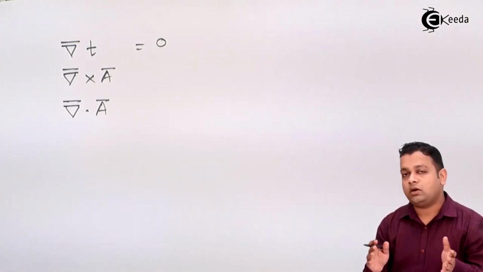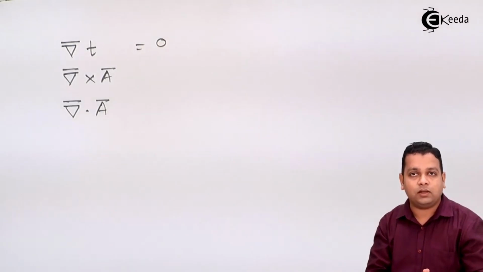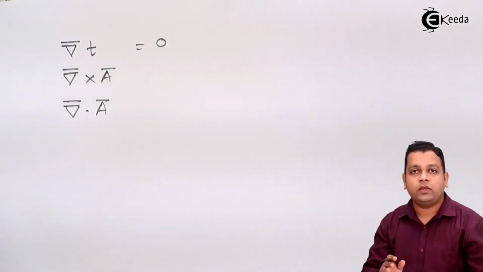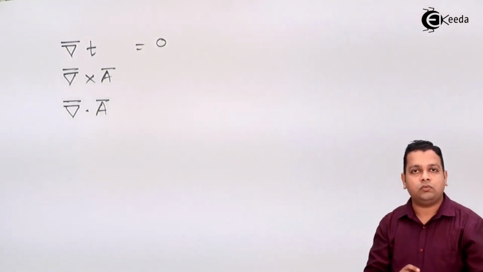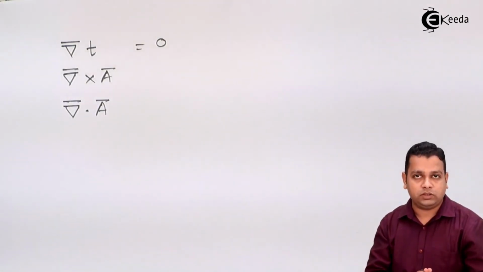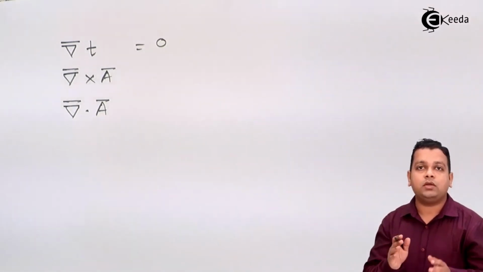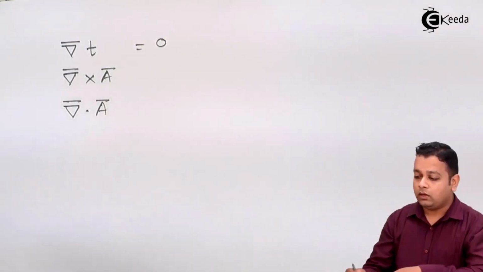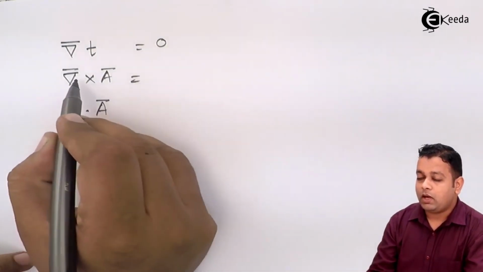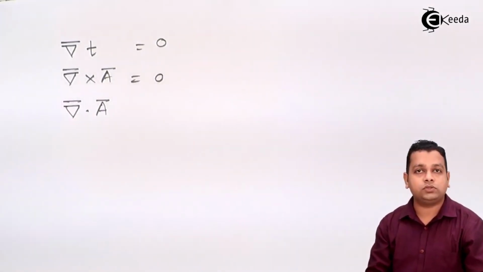So in the three-dimensional space region, whatever is considered for this particular example, in that particular region, there is no rate of change of scalar quantity with respect to the spatial parameters. So the scalar quantity, for example temperature, will be having the uniform or same value in the entire region. Now if del bar cross of A bar is equal to 0, it means curl of A bar is equal to 0.